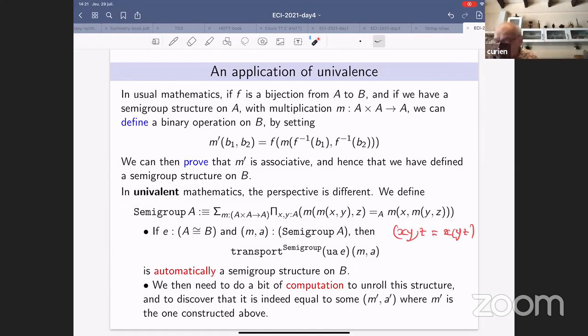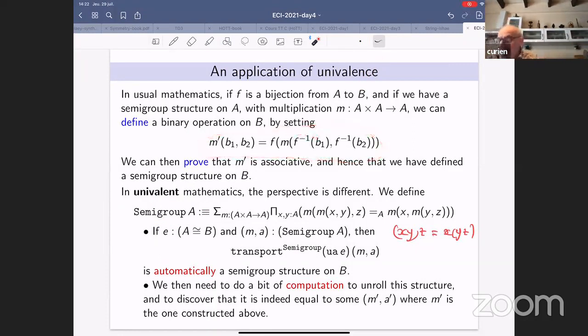But what is interesting in univalent mathematics is that instead of having to guess this definition and check that it works, as in ordinary mathematics, homotopy type theory will synthesize this definition. Univalent mathematics will tell you that there is a semigroup structure on B, and then you will be able to prove that this structure is obtained in this way.